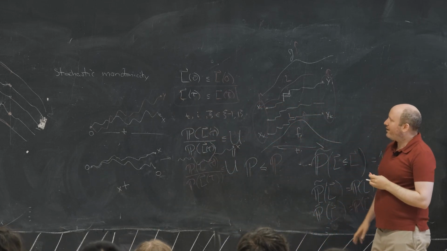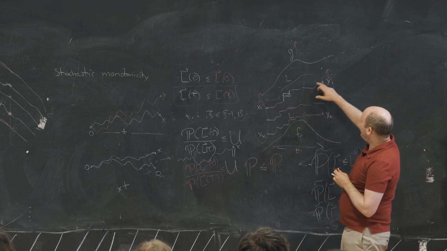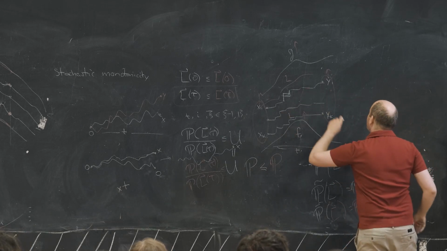And the reason why that's true is that the underlying random walk measure can be written for a geometric random walk.